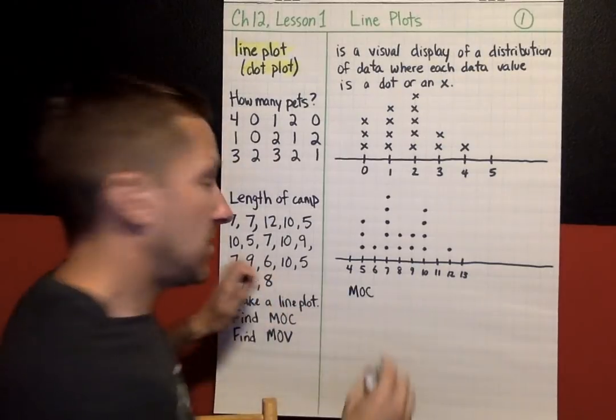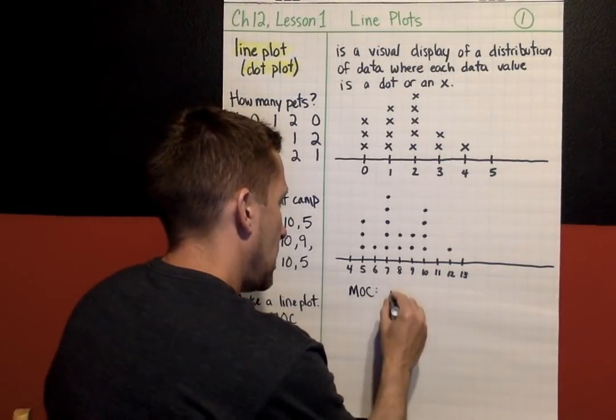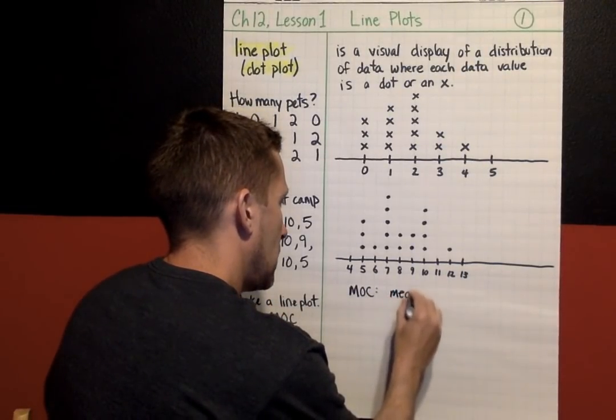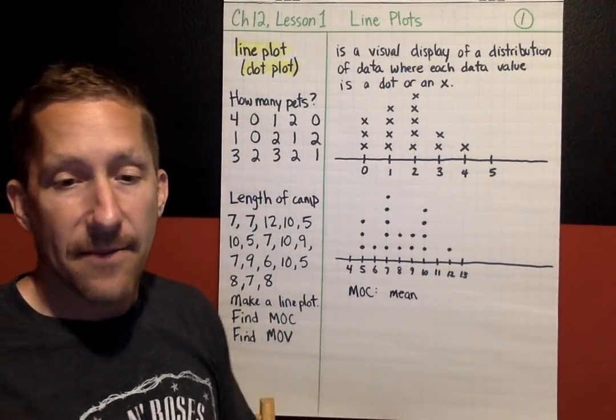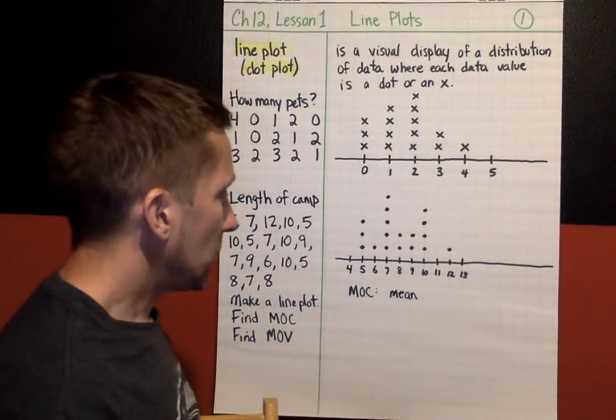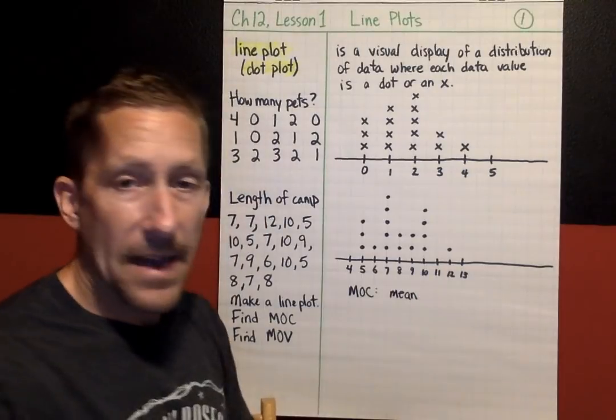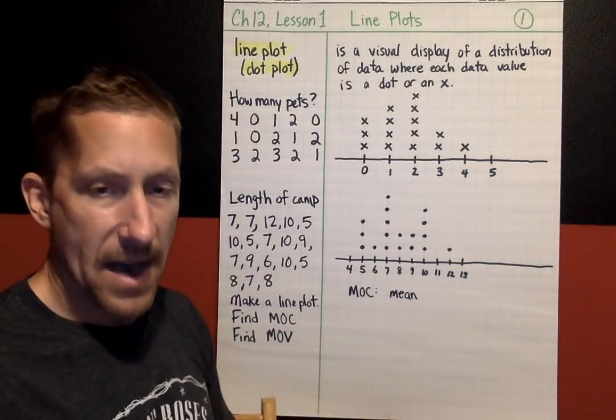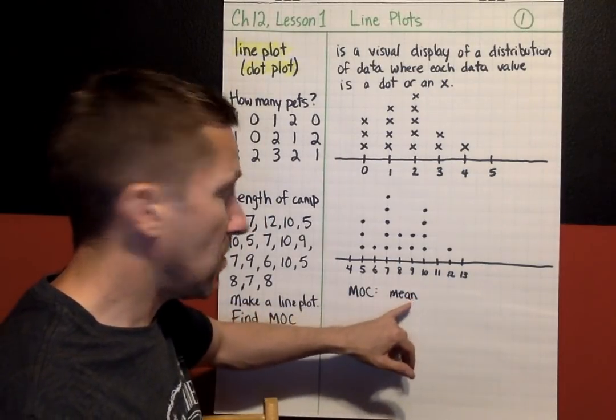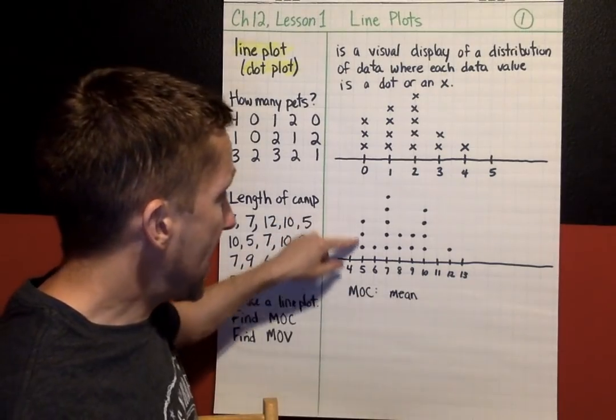So again, the measures of center, one of them is the mean or the average. So I'm not going to write this all out, but I'm just going to tell you how we would find the mean or the average. We're going to add all these values.